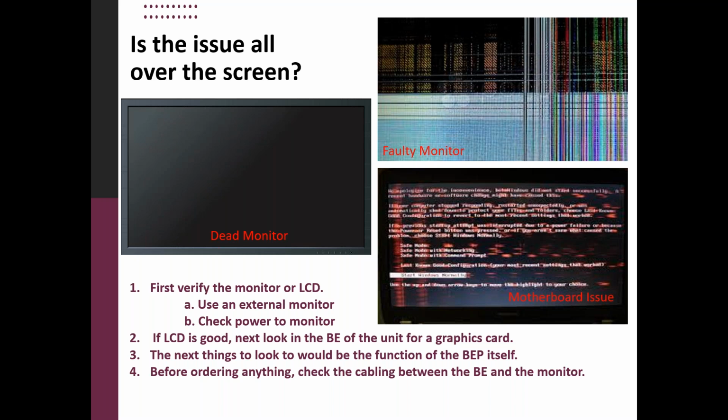The next thing you can look for is the actual function of the back-end processor, which in the third image here that says motherboard issue on it, that literally was a failed motherboard on a TX unit, where the system just boots up like this in a Windows, and this is like the Windows safe mode kind of situation, and you couldn't do anything.